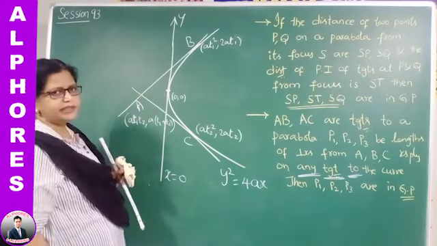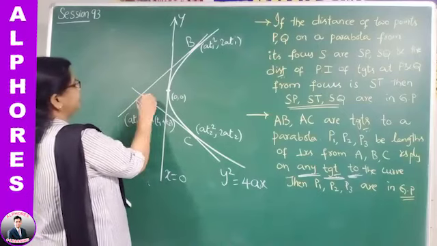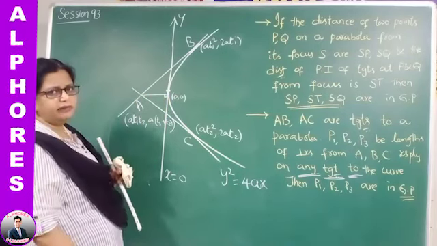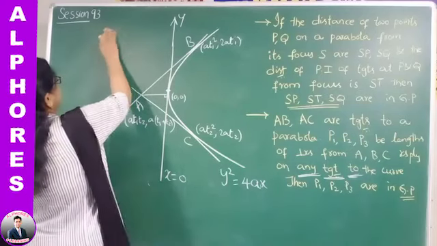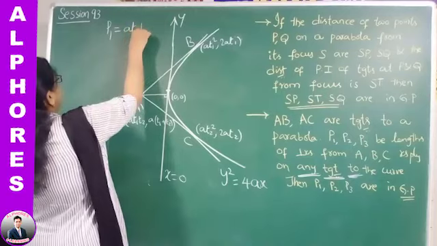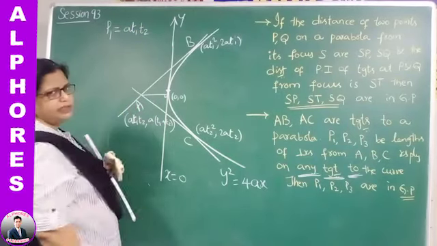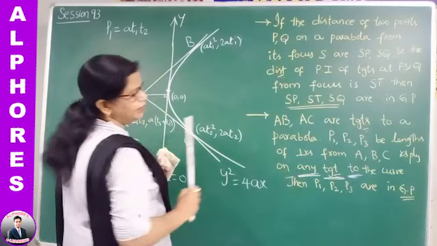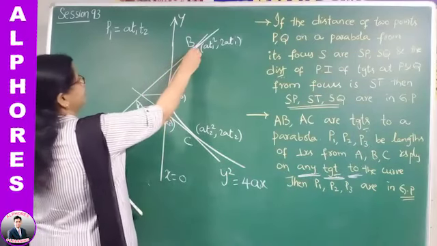The ordinate remains the same, but which one is varying here? This one is nothing but AT1T2. Therefore, let us write P1 as AT1T2. Okay, so P1 is this value, and P2 is drawn from B.